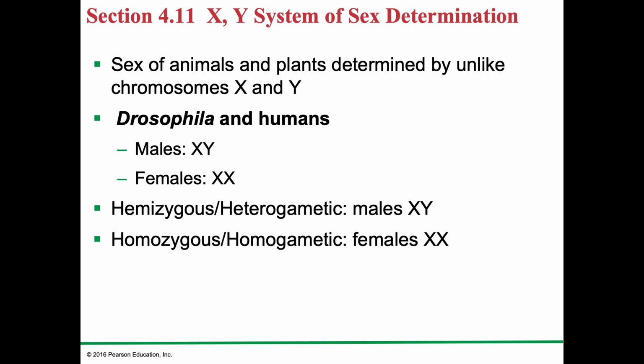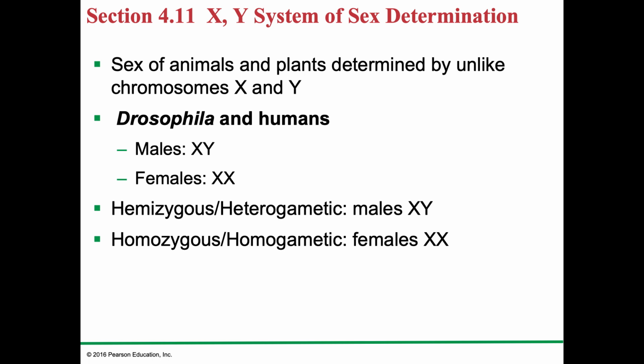And this is why, as we proceed through this section, what you'll see is that many times when a gene is on the X chromosome, if there is a mutation that leads to a phenotype, that phenotype is almost always seen in males. Because if males have a mutation on their X chromosome, they have no backup.